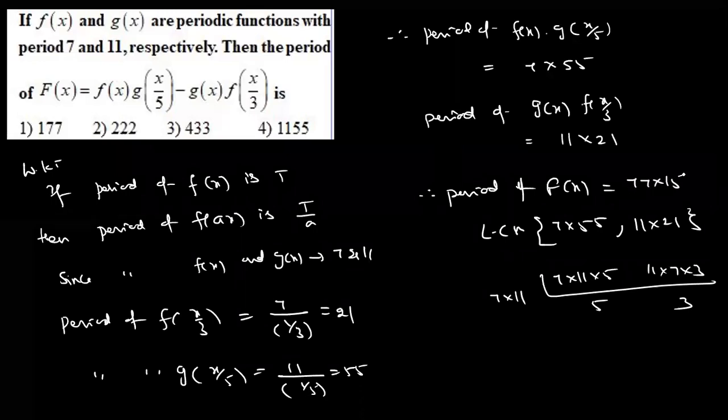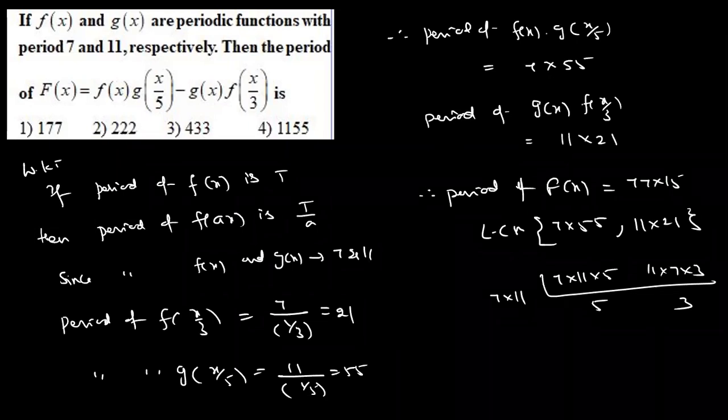So simplify, that is the answer. 77 into 15. Option D. The answer is coming 1155.